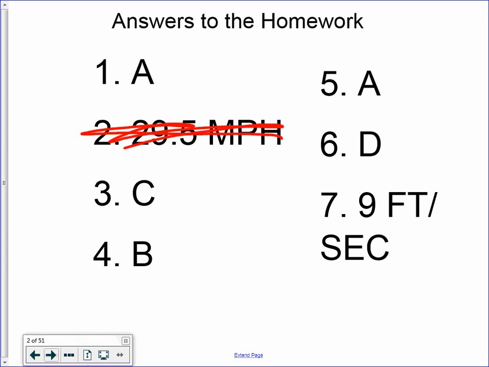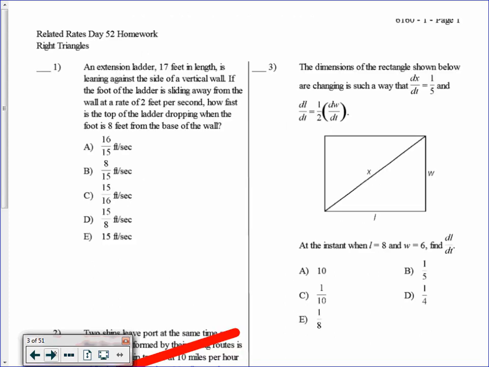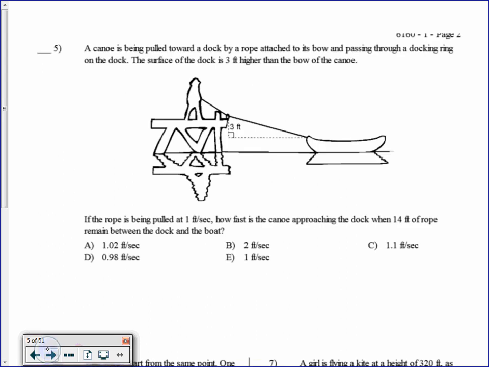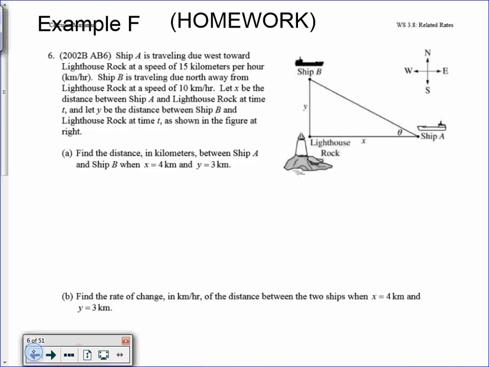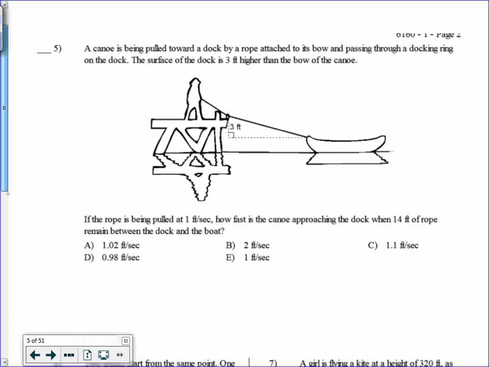Nice. Okay, what questions do you have on these? Yes. 7. Let's go to 7. Oops, where's my 7? I must have had it back on this one. 5. Oh, here it is.